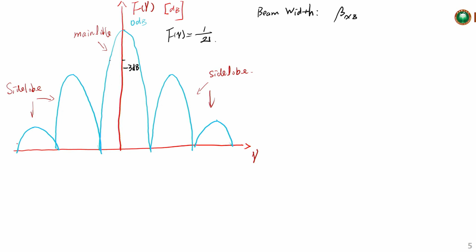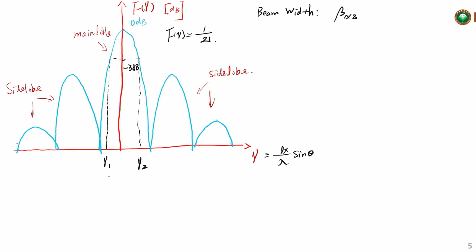So now from here we get the beam width. On this side, the angle gamma equals Lx over lambda times sin theta, alright? So this is gamma 1, and this side corresponds to gamma 2.